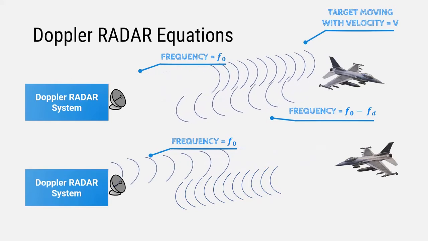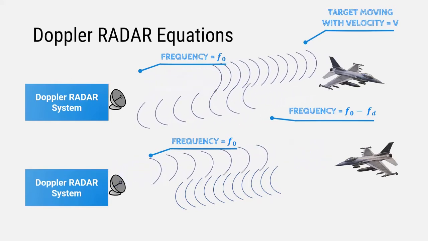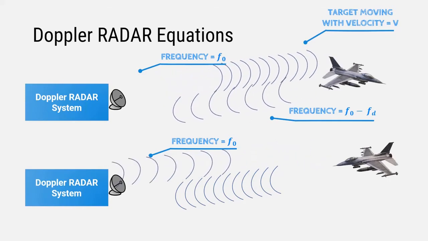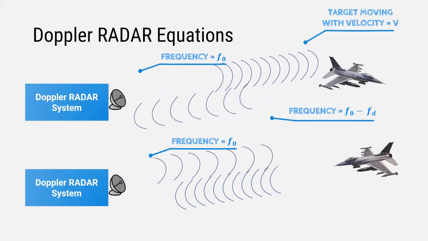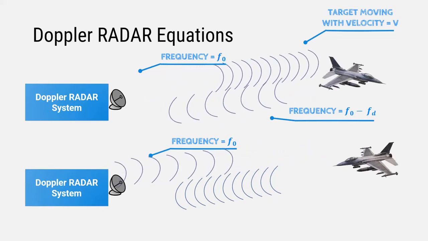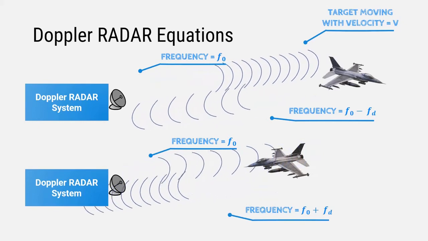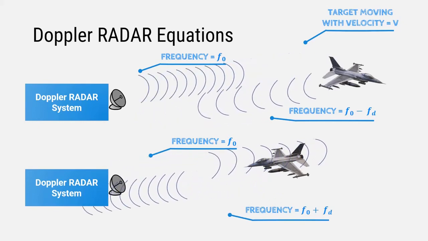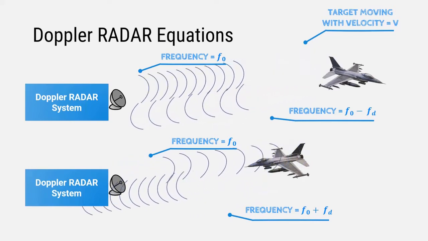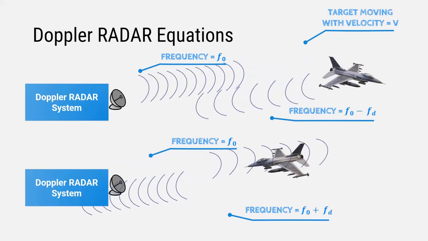Here fd is the Doppler frequency. How to identify the Doppler frequency, I will explain. When we come to the second case, where we are generating microwaves with frequency f0 and the target is incoming, in that case the frequency is going to get added with the Doppler frequency. So these are the basic radar equations. Now we'll see some examples to identify the Doppler frequency, how to get it from the given information.